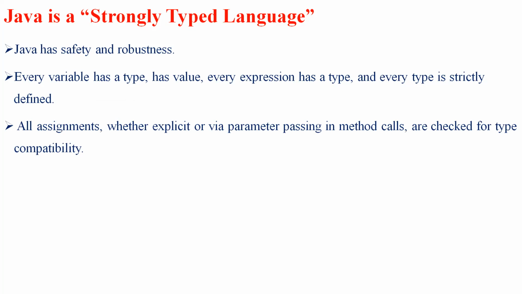So whatever values we assign, whether by explicit assignment or by passing parameters when calling different methods, all assignment operations are checked in order to ensure type compatibility. That is why we say Java is a strongly typed programming language.